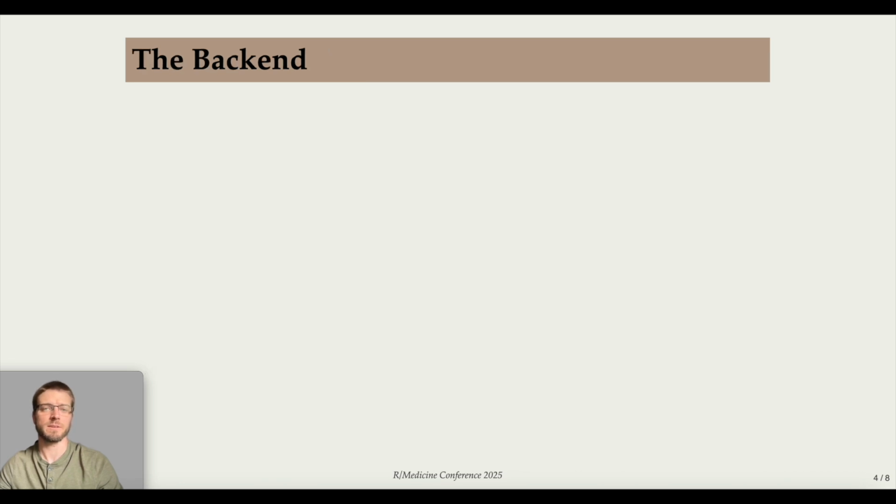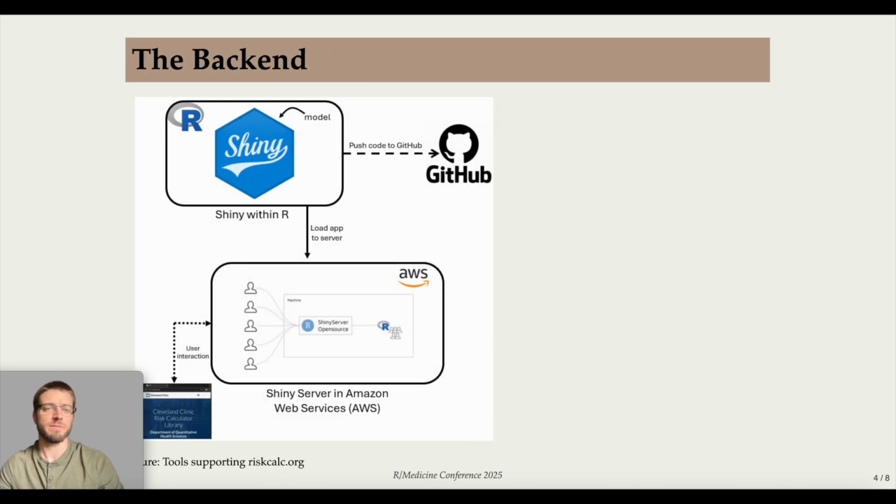So how does this all work in the back end? We develop our applications locally using R and Shiny, and we find one way or another to get the model into the app, whether that's storing it as an R data object or hard coding the model straight into the code of the app. And then we push it to GitHub, and this is mostly for transparency to expose how the app's working in the back end.